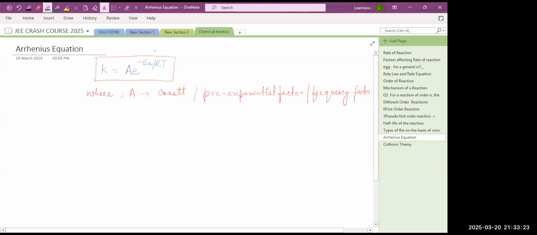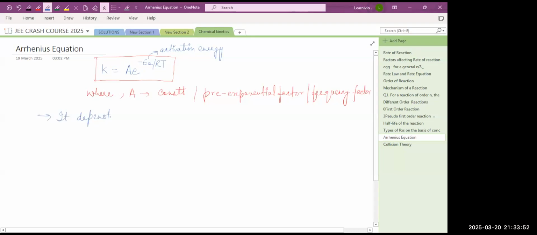And Ea is your activation energy. R is your gas constant and T is your temperature, right? So basically, it denotes the frequency of binary collisions of reactant molecules per second per liter. Write it down.